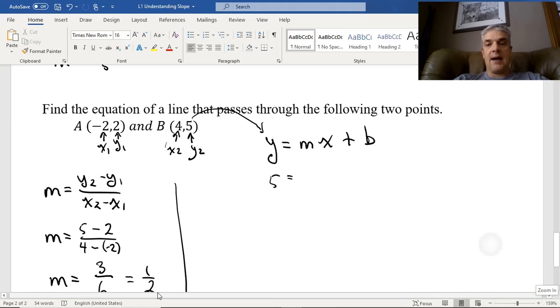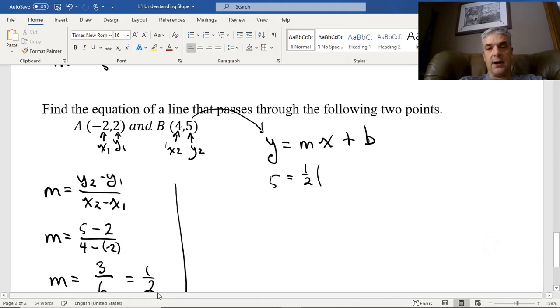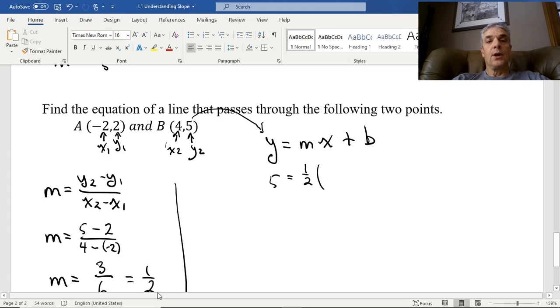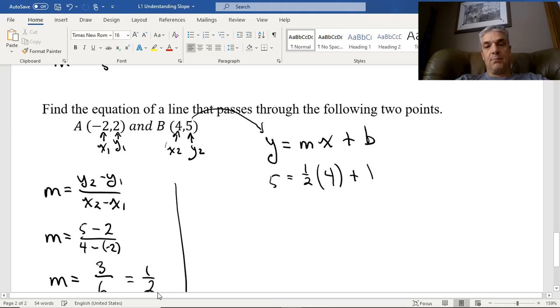It's 1/2. So I'm going to put 1/2 in here. That's going to multiply by my 4, which is my x value. So the 4 and the 5 came from this point here. I could have used the -2 for x and the 2 for y. It didn't matter. And then I'm going to have plus b.